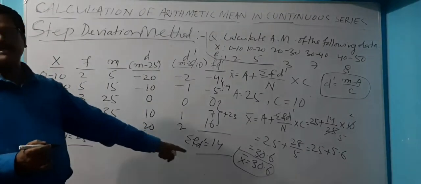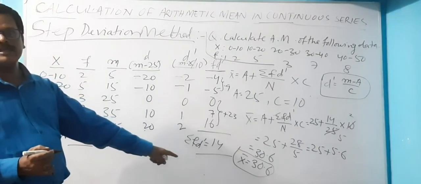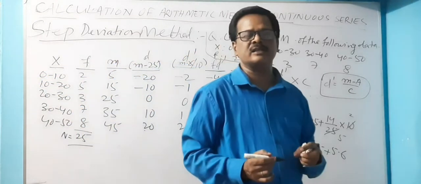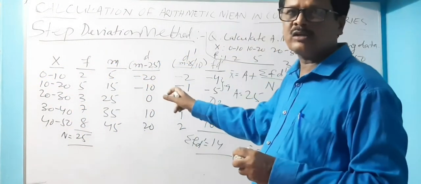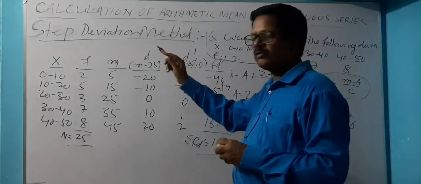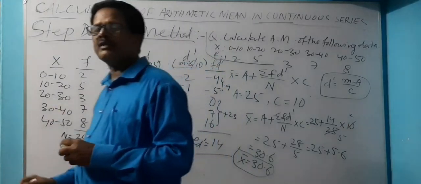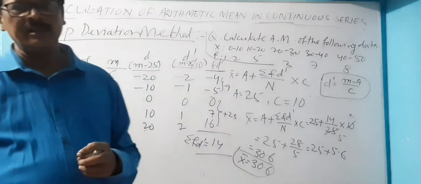So that is the same answer. We derive the same answer. It gives rise to the same answer, X bar is equal to 30.6. In direct method, we took the same question. We got 30.6 as the answer.